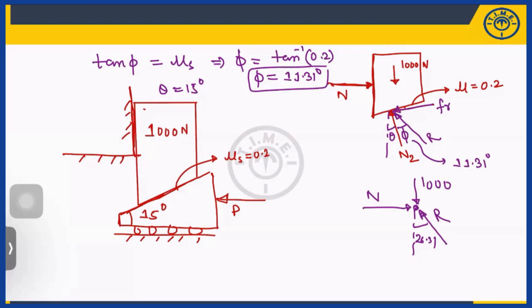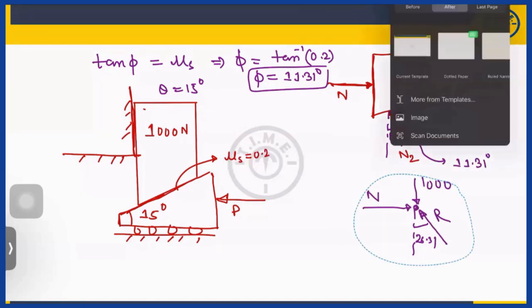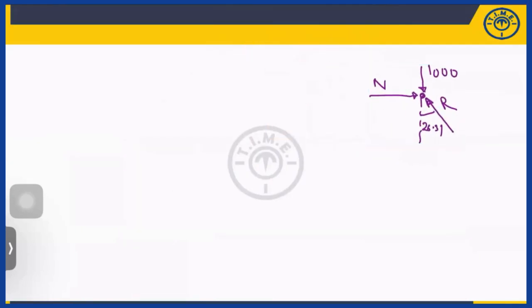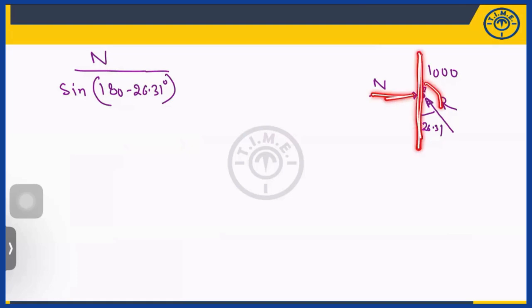Okay, so let me calculate the R value first. Can I write N divided by sine of 180 minus 26.31? Because in Lami's theorem, each force is divided by the sine of the angle opposite to it.